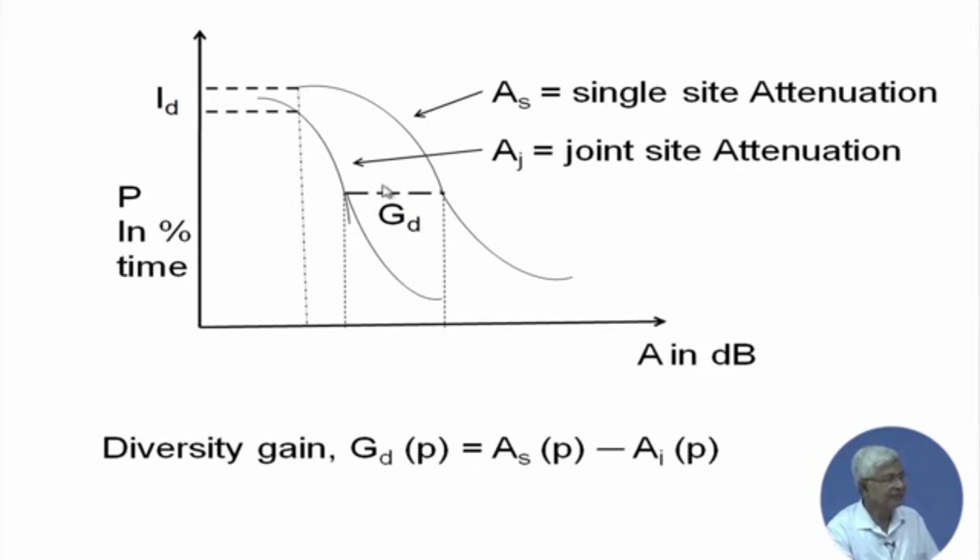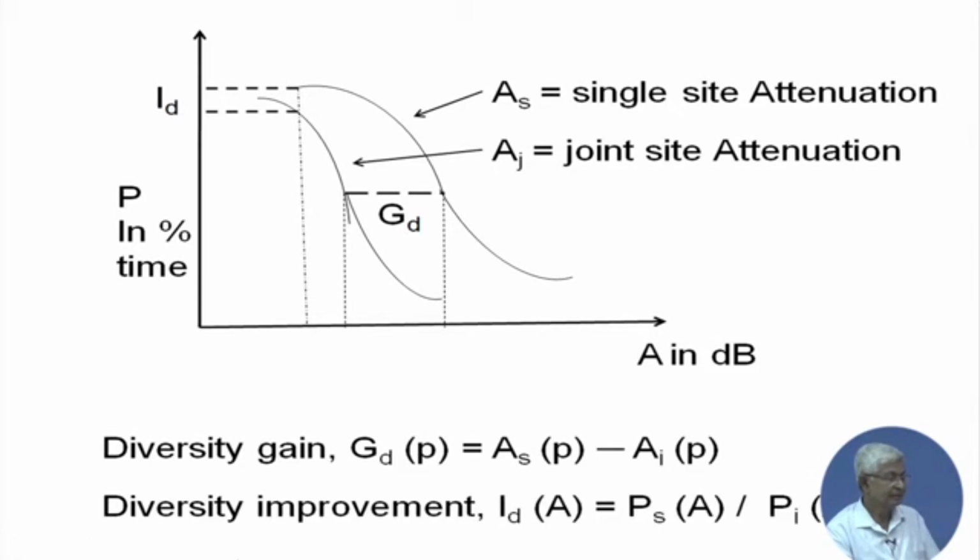But there could be another way: for a particular attenuation, for less amount of time, you get the advantage in terms of probability using the joint site attenuation, which is called improvement. So improvement is defined as ID. The diversity improvement ID(A) is PS(A) by PJ(A).